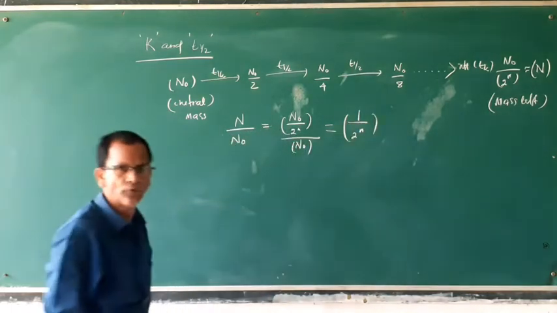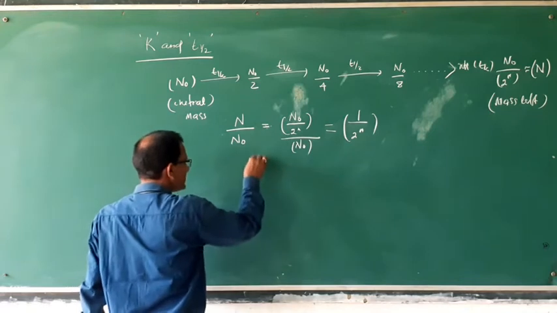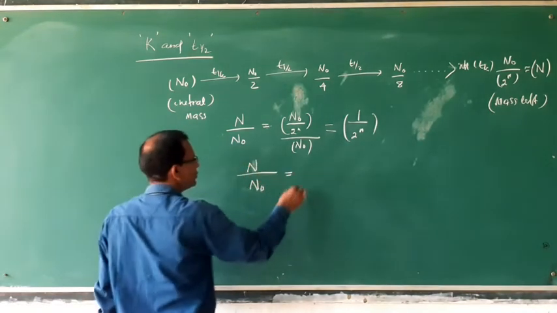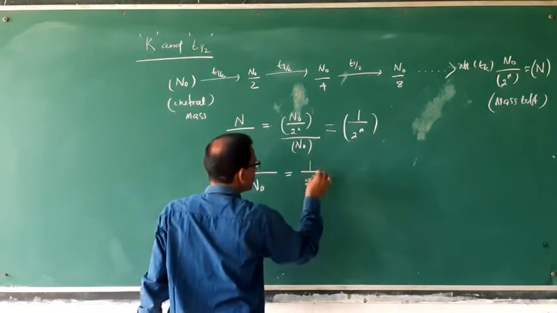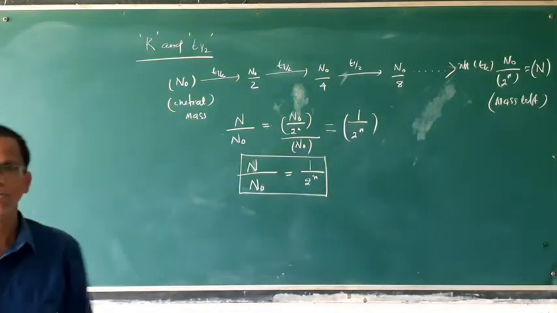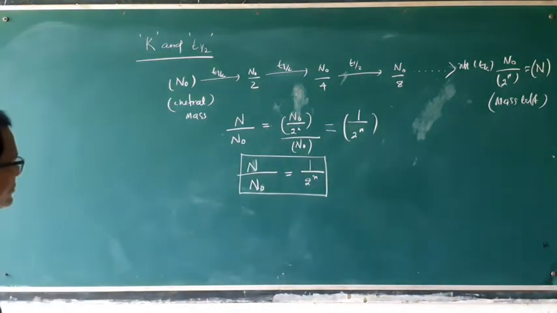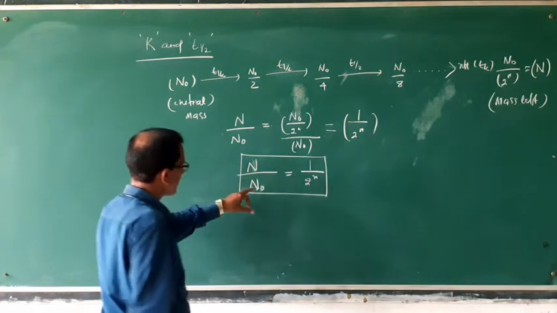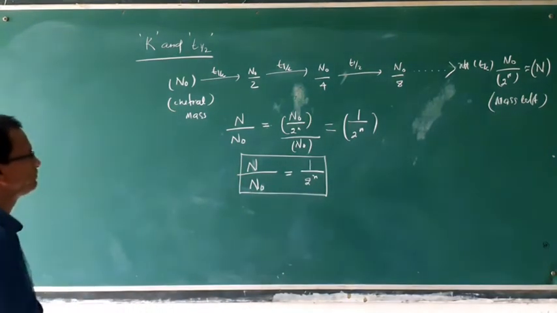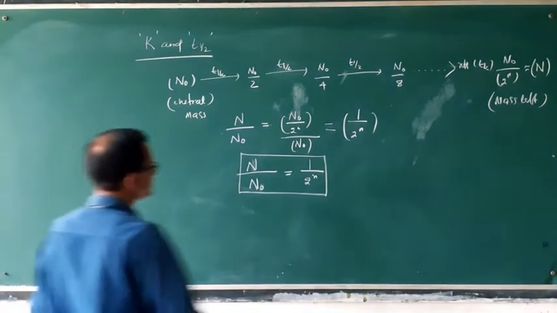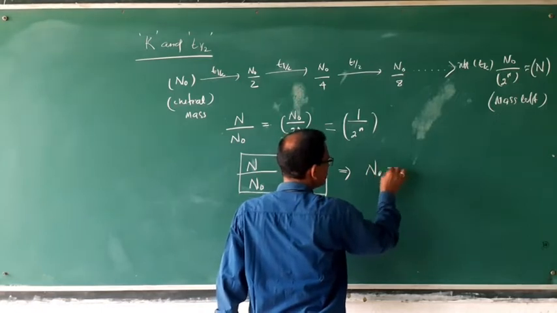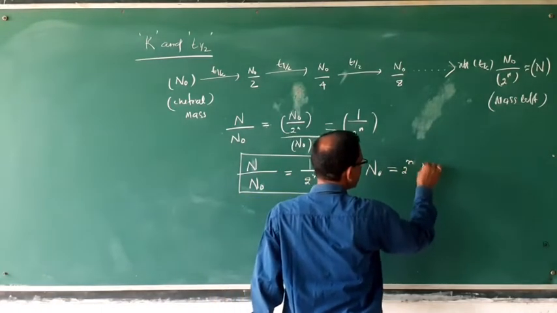So this is a new formula: mass left upon initial mass is equal to 1 by 2 to the power n. That implies N0 by N is equal to 2 to the power n.